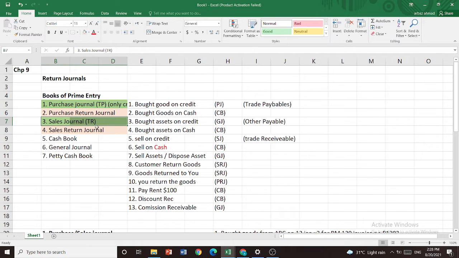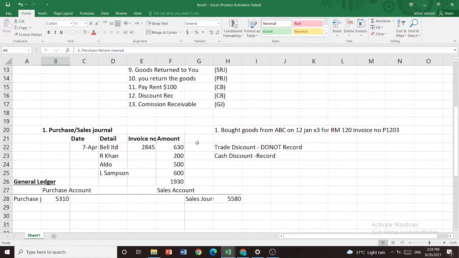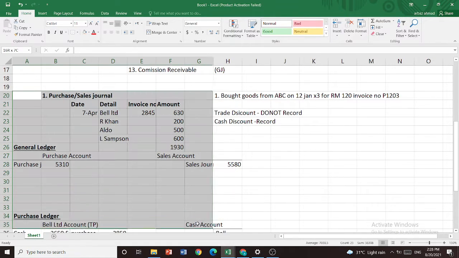If sales is income, sales return is not, it becomes more like an expense. So it means you sell something, then the customer returns something to you. It's not actually an expense, and this one is not actually an income. It is just that we have to minus that amount back in order to settle the amount.